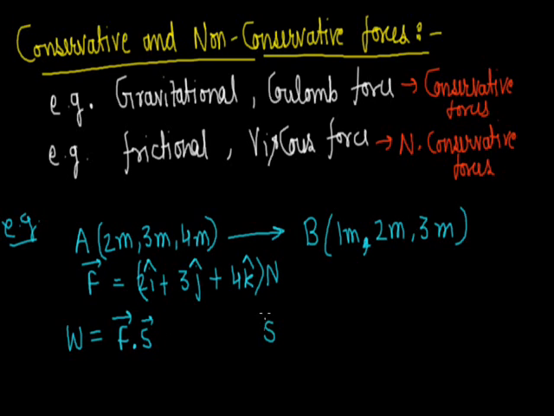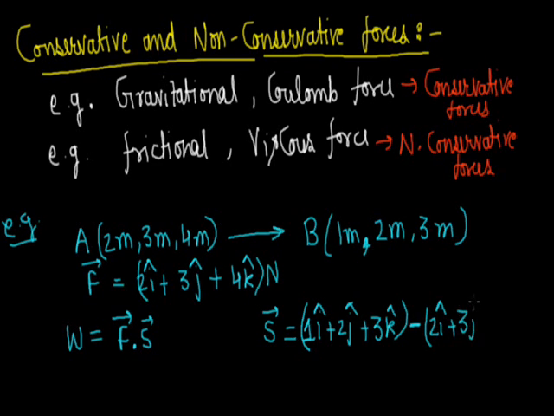Here, displacement will be 1 i cap plus 2 j cap plus 3 k cap, which is the position coordinate of point B, minus 2 i cap plus 3 j cap plus 4 k cap.